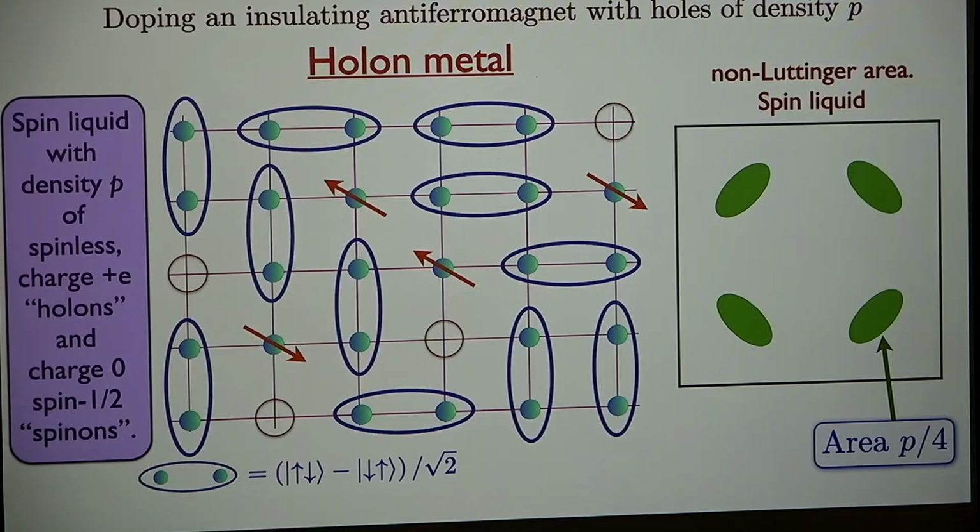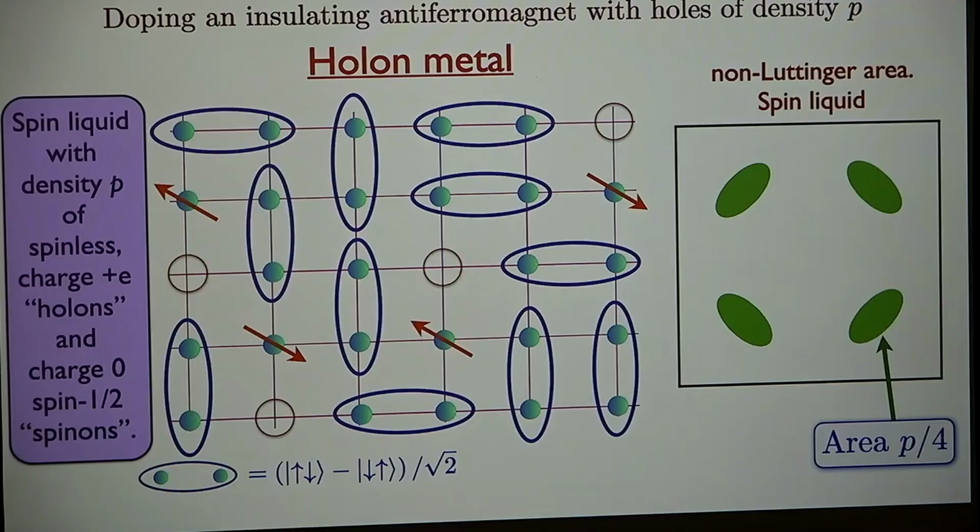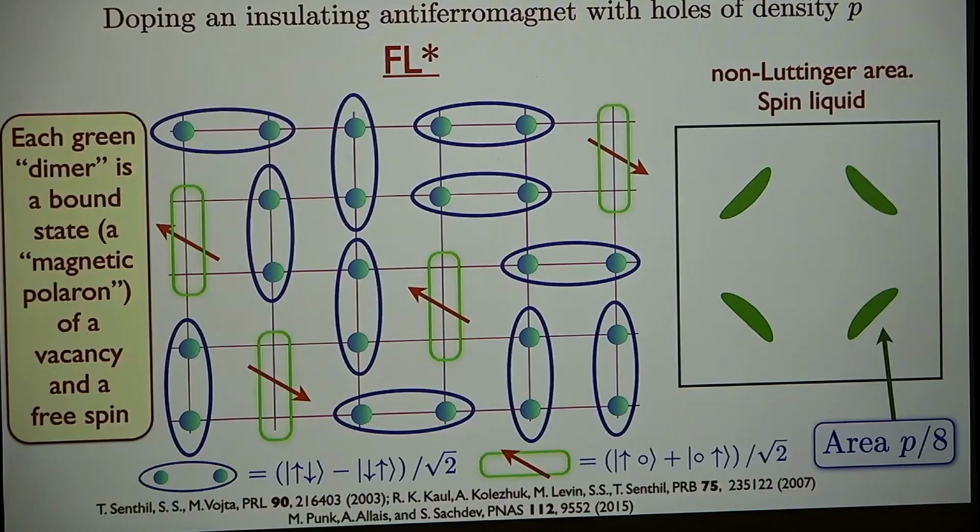They're not in the ground state. But the spinons can gain some energy by going near a holon and forming a bound state. So if the binding energy of the spinon and holon exceeds the energy to create a spinon, the spinon will spontaneously appear out of the vacuum and lower the energy of the whole system.